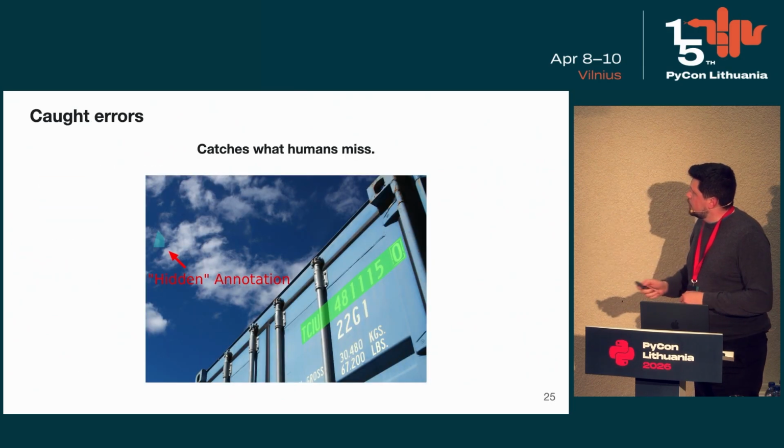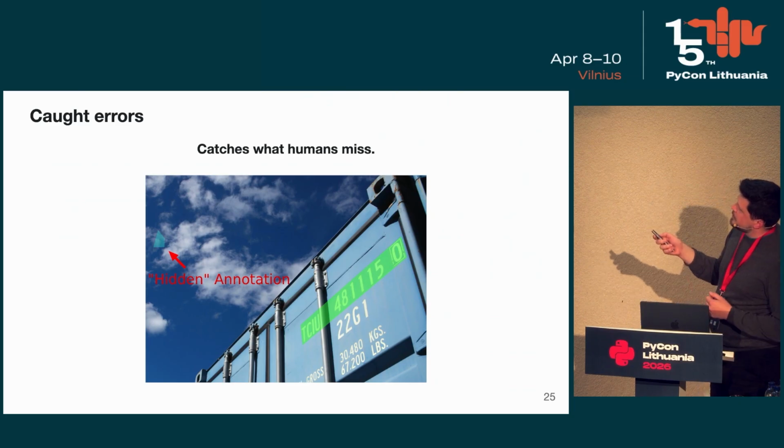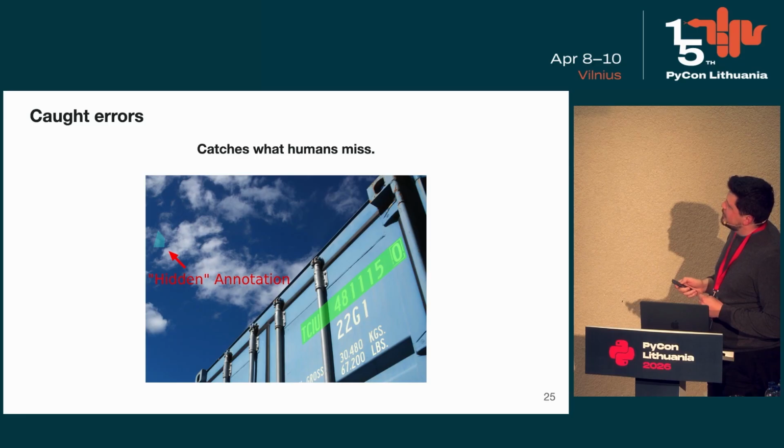For example, this annotation, which was in the sky, was just a small example. I had 3 rounds of corrections and I didn't see it, and this check helped to find it.